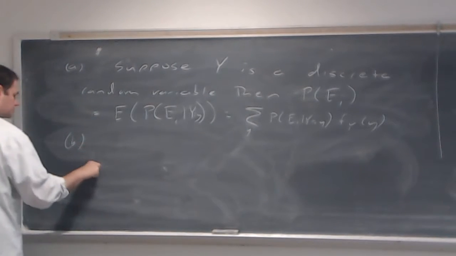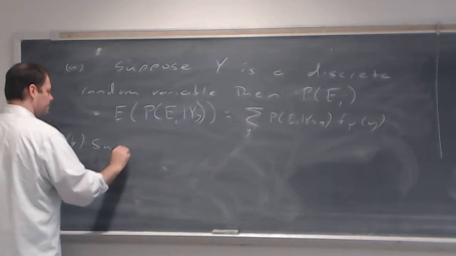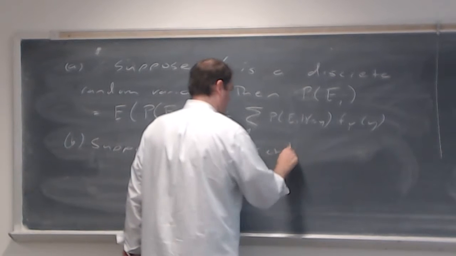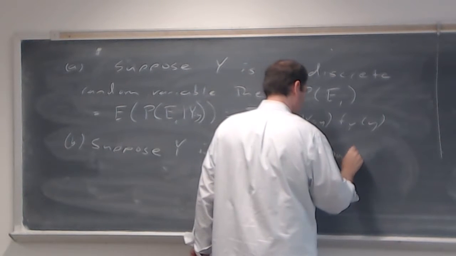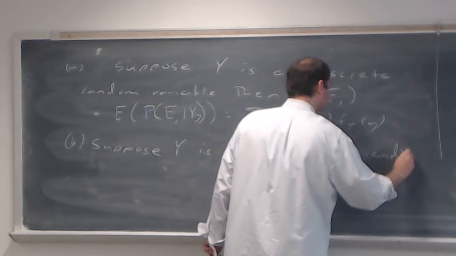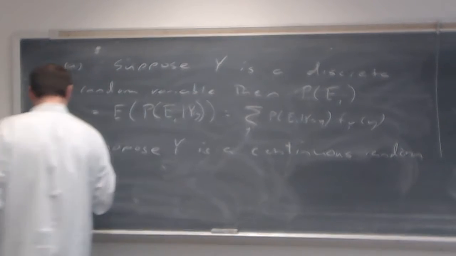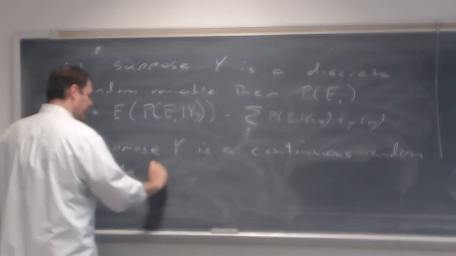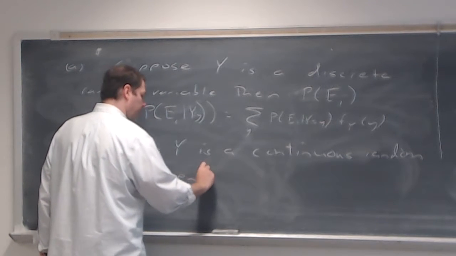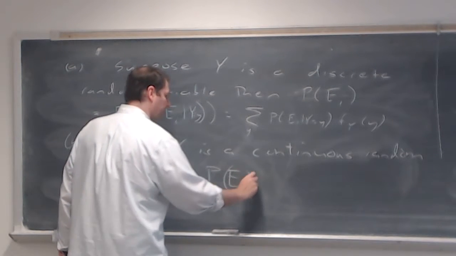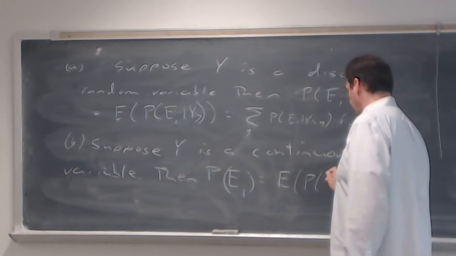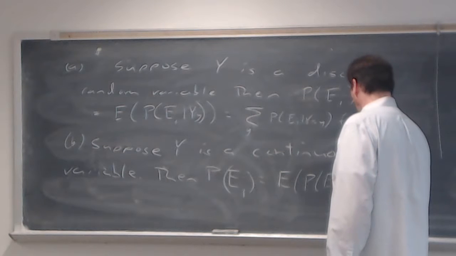Part B, suppose Y is a continuous random variable. Then the probability of E sub 1 is equal to, as we said before, the expected value of the probability of E sub 1 given Y equal to y.